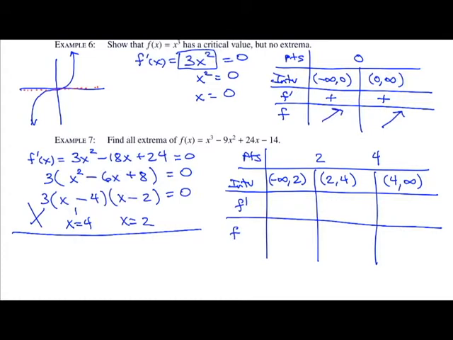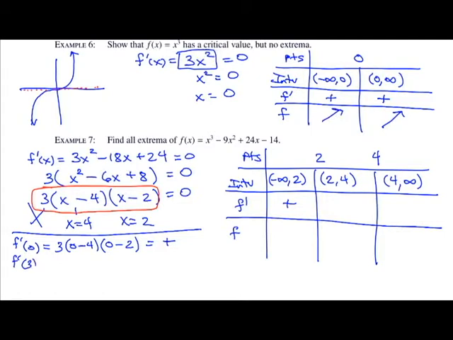Next, you need to test the derivative, and I'm going to use this factored form. That is the easiest form to use. So I'm going to pick 0 as the test point for the first interval. So this would be 3 times 0 minus 4 times 0 minus 2. That is going to be a positive. I'm going to pick 3 for the middle interval.